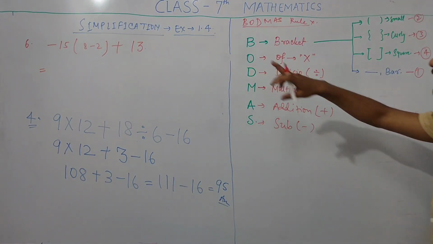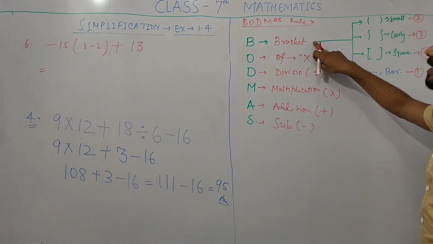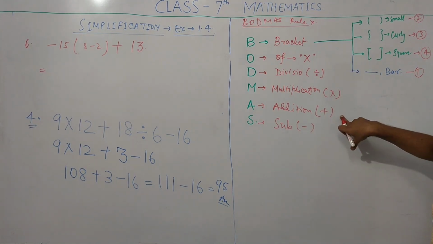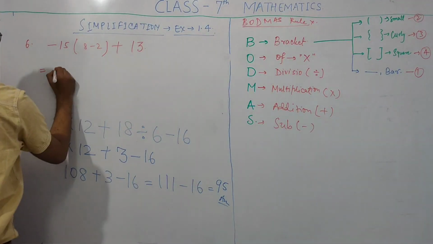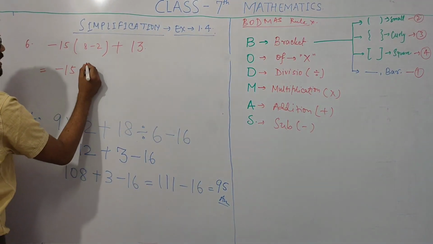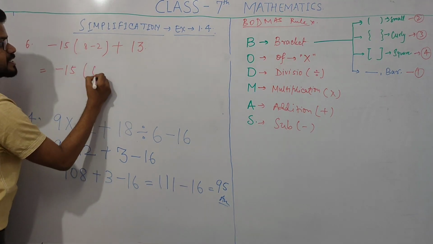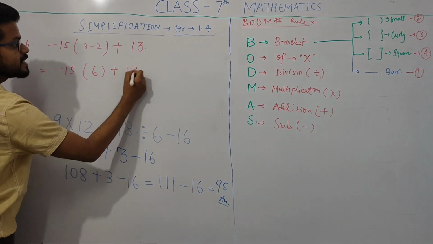So here there is a bracket, okay, and addition. So firstly I solve the bracket. So this is minus 15, I write here minus 15. 8 minus 2 is 6 plus 13.